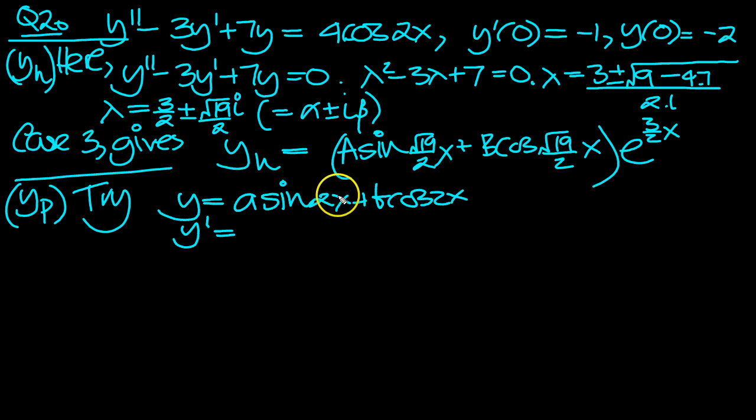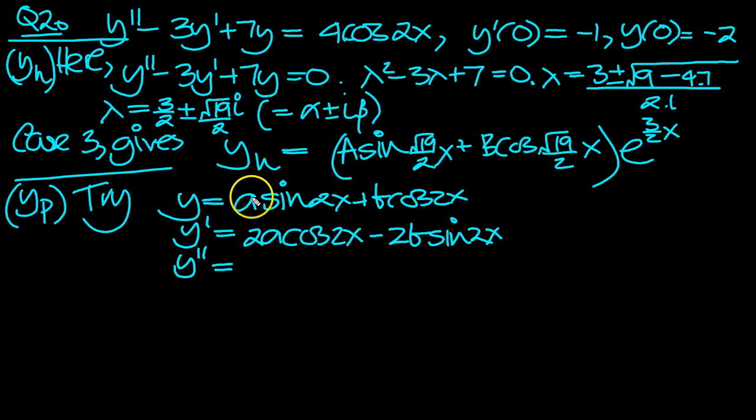Sine goes to cosine, and the 2 comes out to be with the a, and it's 2a cos 2x. The cos goes to minus sine, and the 2 comes out again, so it's minus 2b sine 2x. Then we need y double dashed. Differentiate again. Cos goes to minus sine, and the 2 comes out again, so that's minus 4a sine 2x, and then the sine goes to cos, and the 2 comes out to be with the minus 2b to make minus 4b cosine 2x. There we go.